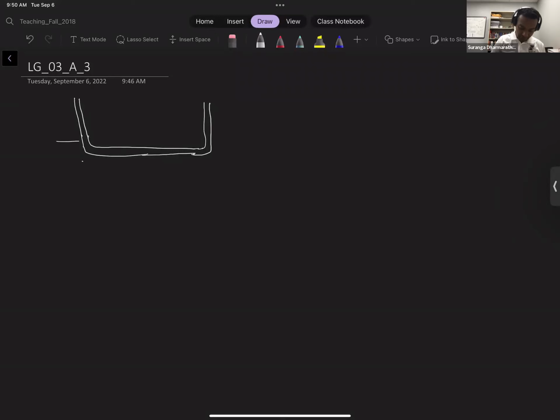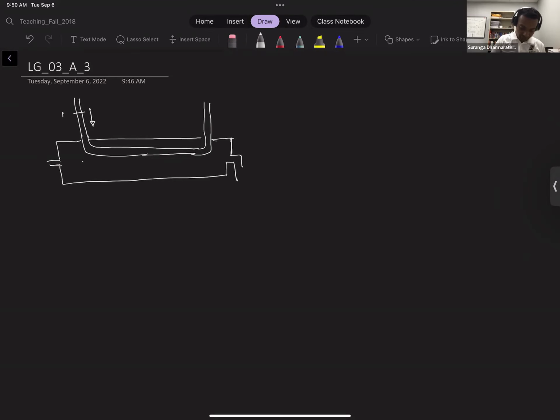So basically, this is the casing, and this is the outlet of air, and this could be the inlet of air. Okay, so this is steam entering.